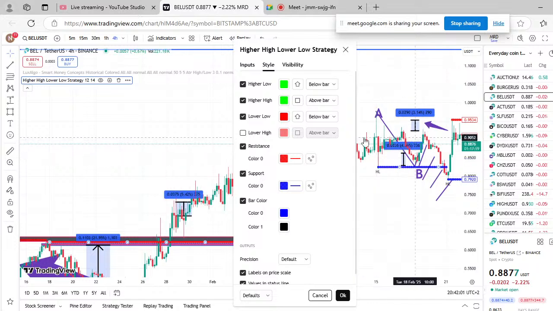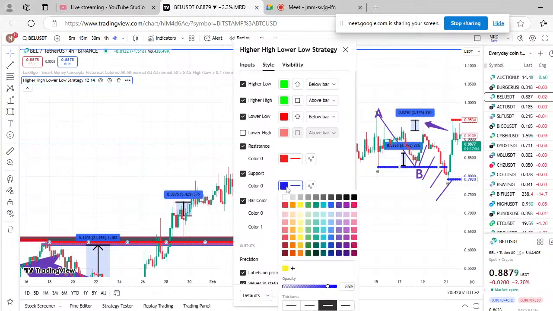Resistance is the one which is red, then support is the one which is green. You can click on this color and choose any color. You can even make it bigger on thickness down here. I decided to use the third one. Then opacity, you can make it around 80 and above.